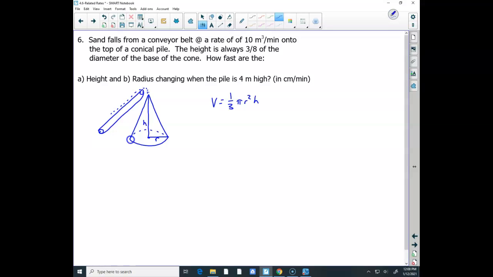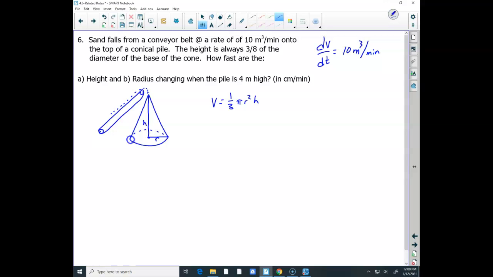Okay? So sand is falling from a conveyor belt at a rate of 10 cubic meters per minute. So that kind of tells me dV/dt equals 10 meters cubed per minute onto the top of a conical pile.